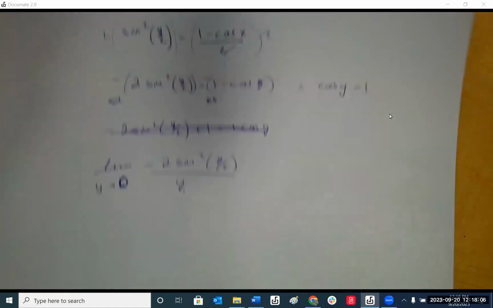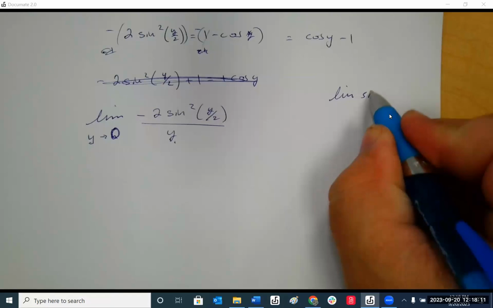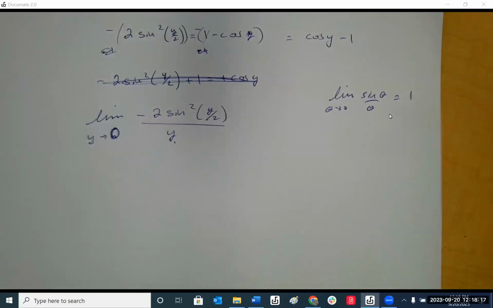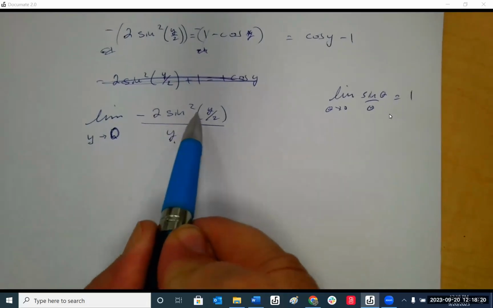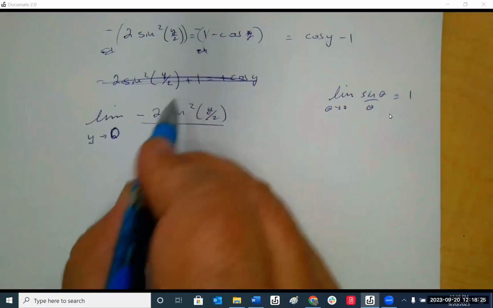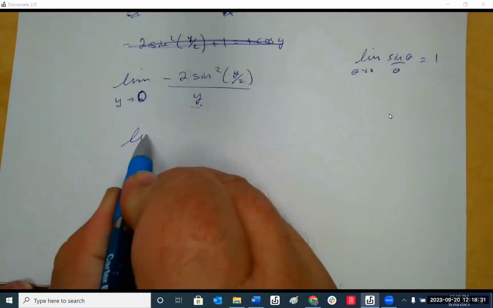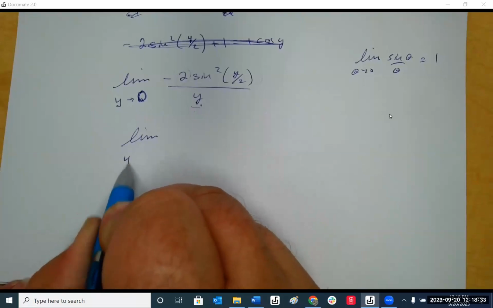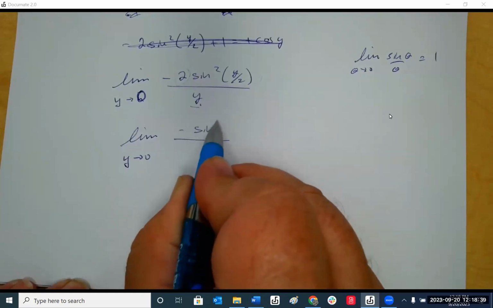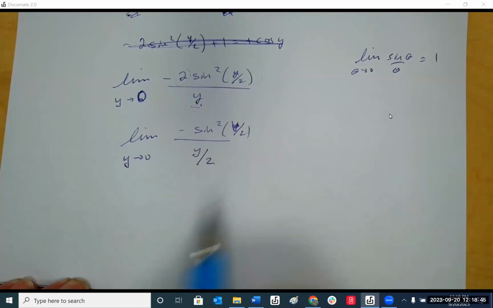Okay, yeah. Well, our objective here is what we just talked about: the limit of sine theta over theta as theta goes to 0 equals 1, right? Look what we have here. We have negative 2. So this 2 would be the same as if it was below that. So we have the limit as y approaches 0 of negative sine squared y over 2, over y over 2.